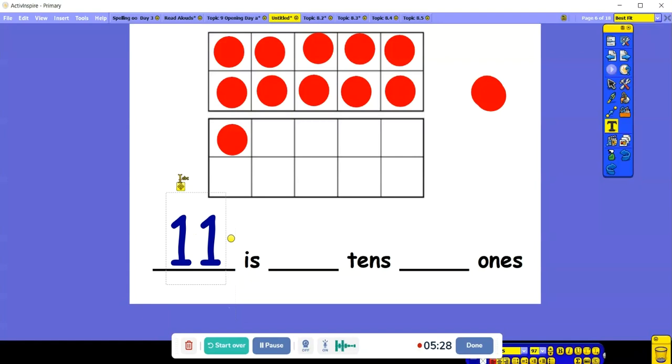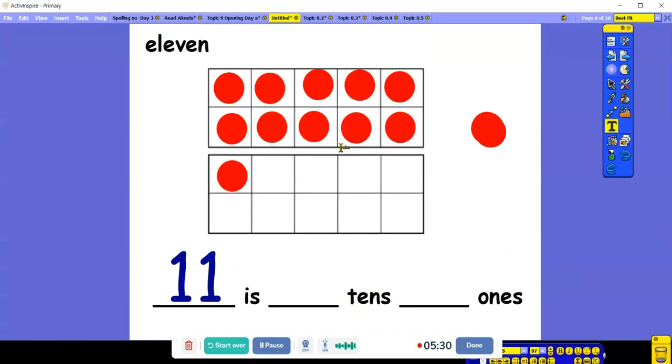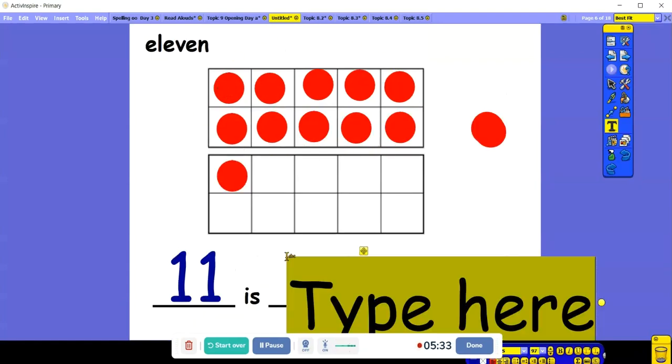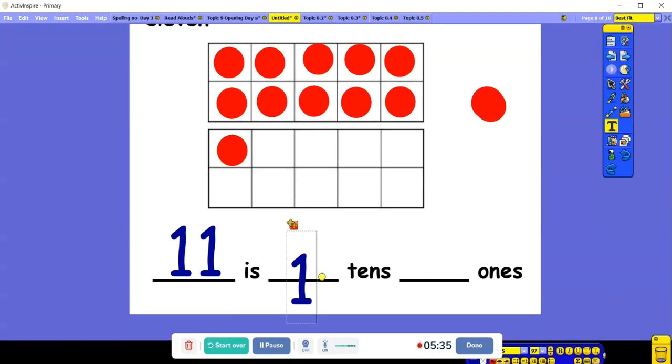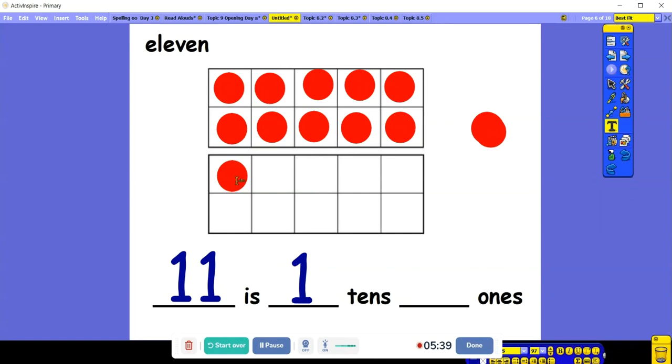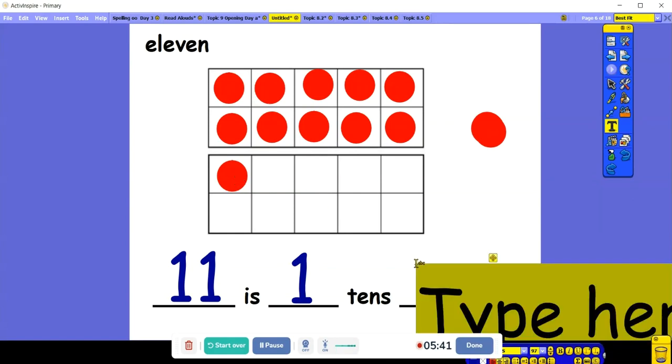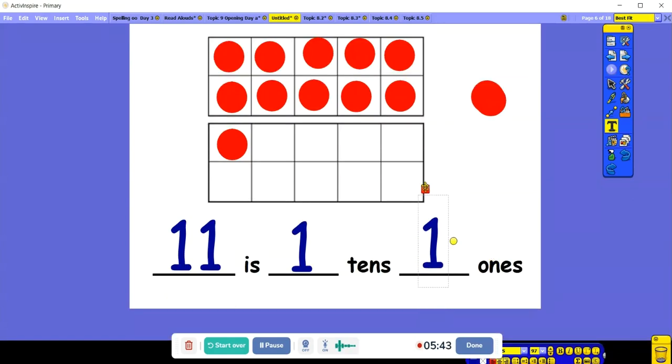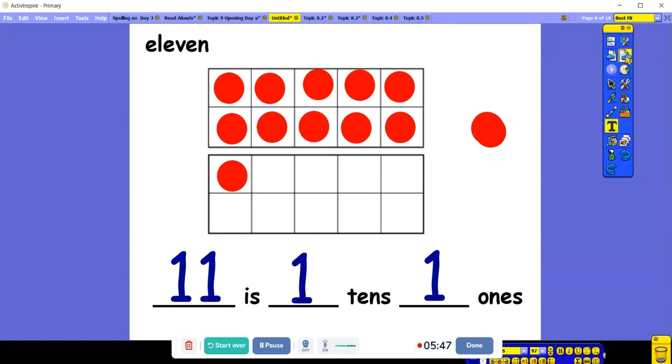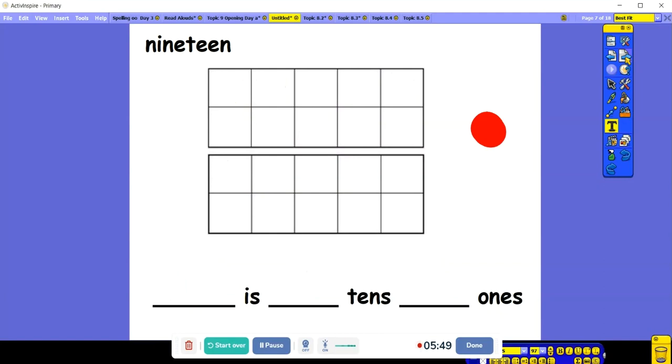And 11 is one group of 10 and one left over. So again, 11 is 1 ten and 1 one. Now you could do the same with any two-digit number at home. If you want to try doing 19, that'd be excellent practice.